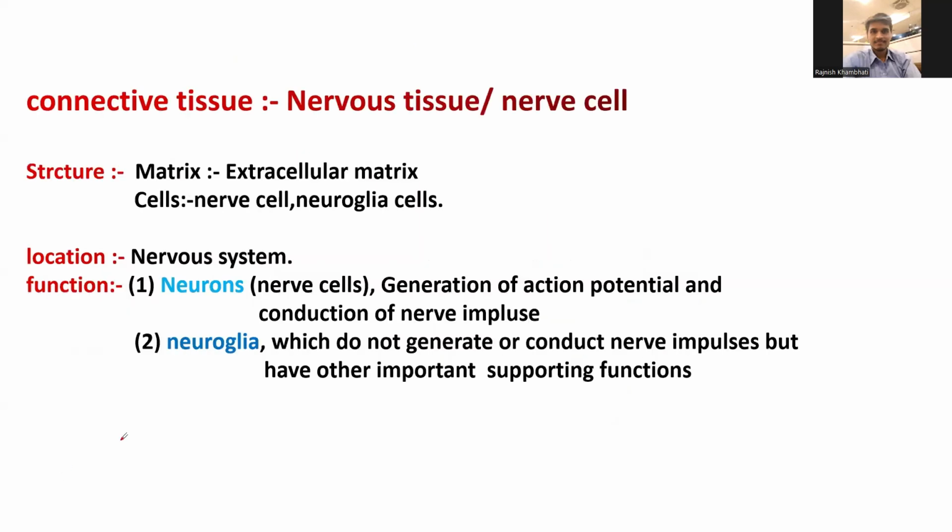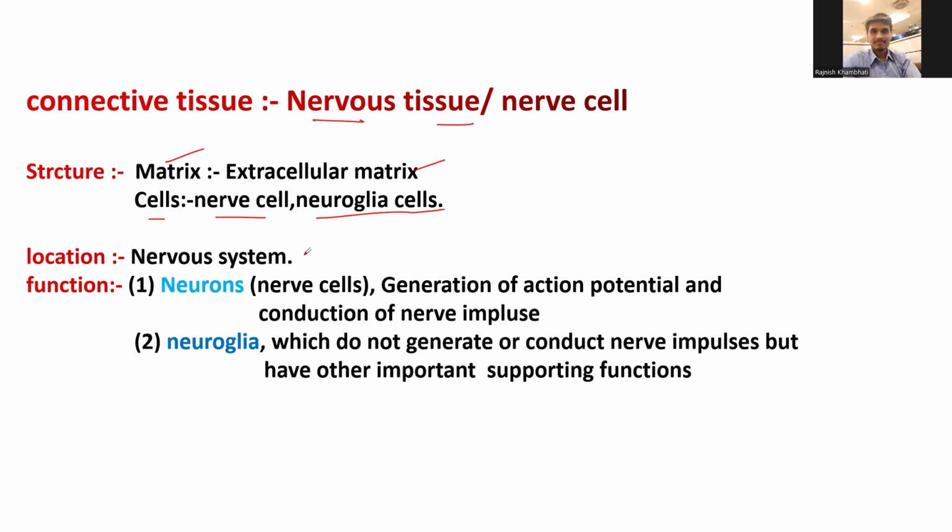Now next, nervous tissue. The structure matrix is extracellular matrix. There are many things actually. Cells are known as nerve cells and neuroglial cells.